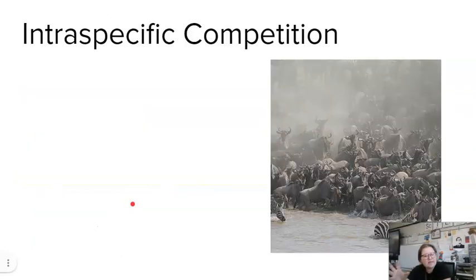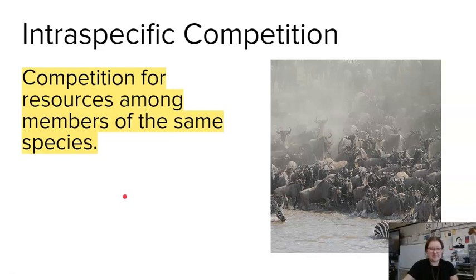One more kind of population limiter that we have when we're talking about a population, which means one species, is intraspecific competition. We'll talk about interspecific competition in the next lesson, but intraspecific is just one species. So it's competition for resources among members of the same species.